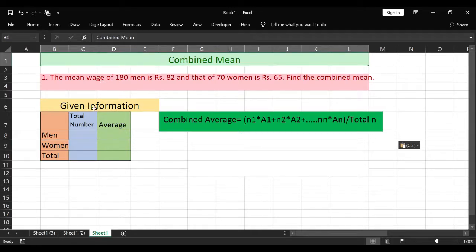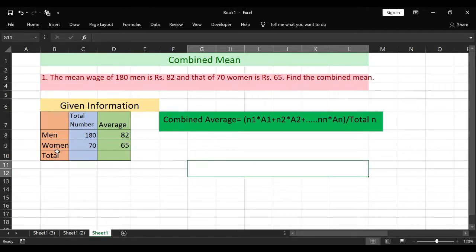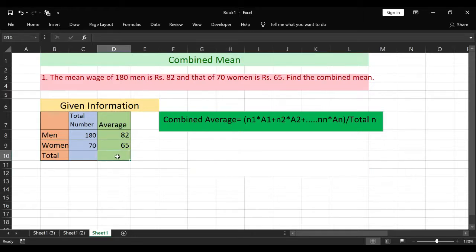I'll write down the information given in the problem. The total men is 180 and the average wage is rupees 82. And that of 70 women: the total number is 70 and their average wage is 65. We have to find this combined mean.